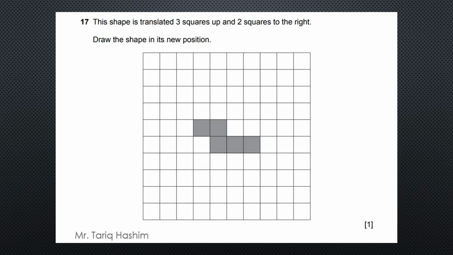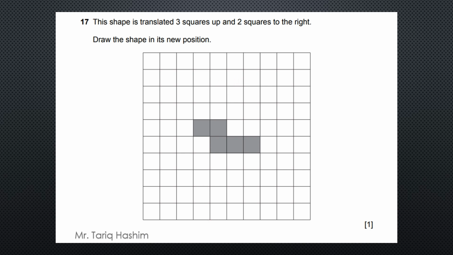Question 17. This shape is translated 3 squares up and 2 squares to the right. Draw the shape in its new position. To do so, we first have to label these squares, and we have to translate each square 3 squares up and 2 squares right.